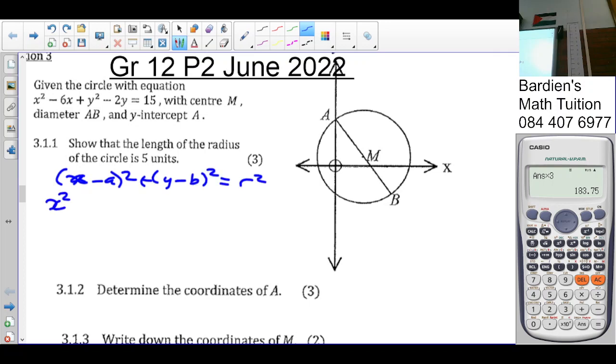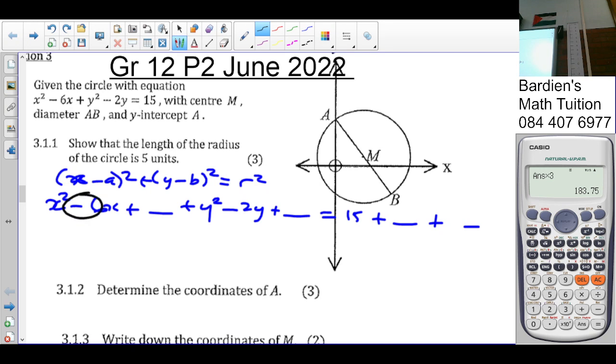So taking the equation, it's x squared minus 6x plus a number, plus y squared minus 2y plus a number to complete the square, equals 15 plus the first number plus the second number. What's the number here? It's b times a half, which is 3 squared, which is 9, and 2 times a half is 1 squared, which is 1.